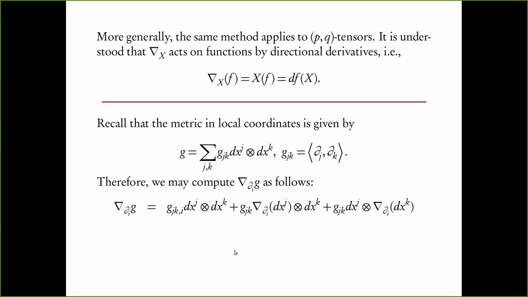So if you have followed this up to this point, let's simplify what we get. The first term is just what it is, right? It's the derivative of g_jk in the ith direction, along with dx^j tensor dx^k. What about the next one? Well, remember from our old formula, when I have nabla del by del x^i of dx^j, this is a minus, the j goes up and the l comes down, and this is what we obtain. The Christoffel symbols come with the minus sign and the switch.